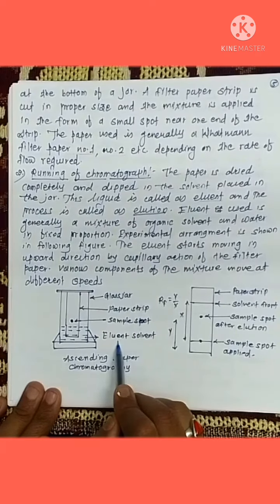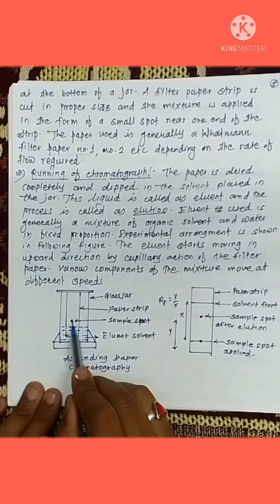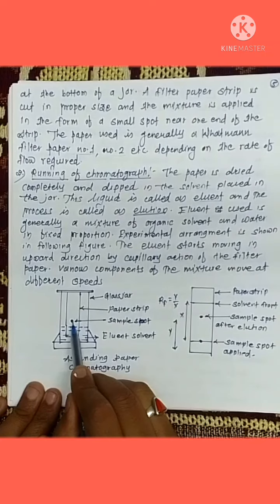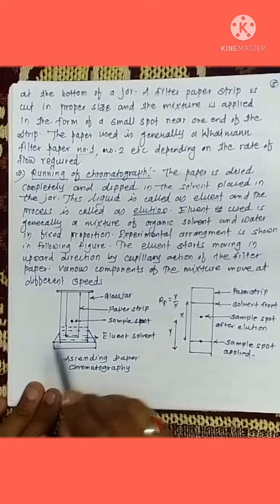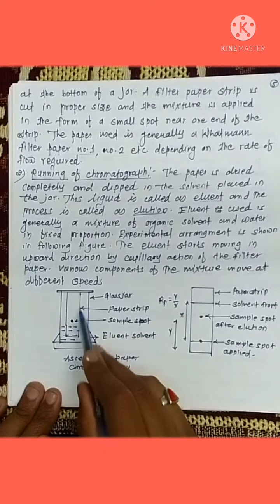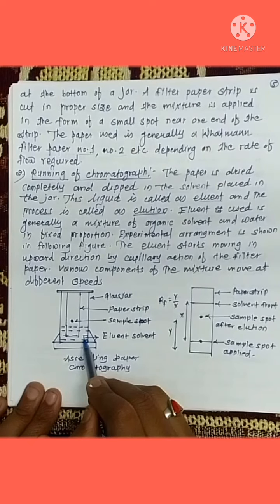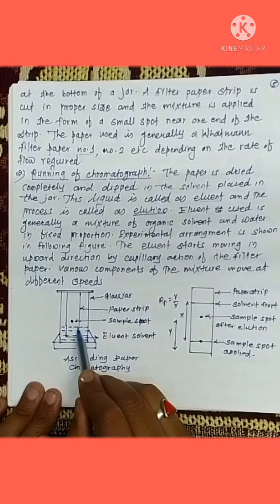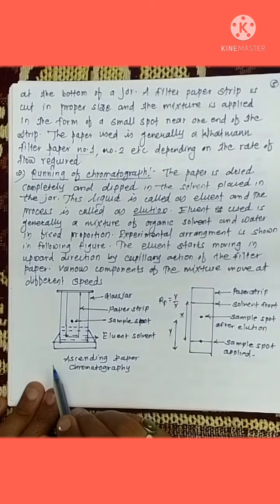This solvent is generally a mixture of water and another organic solvent. A sample is put on your Whatman filter paper in the form of a dot, and this Whatman filter paper strip is put in the solvent, taking the precaution that your solvent level should not go above the sample spot.